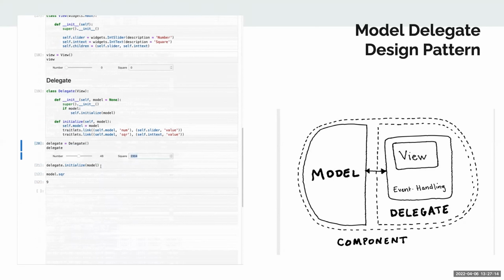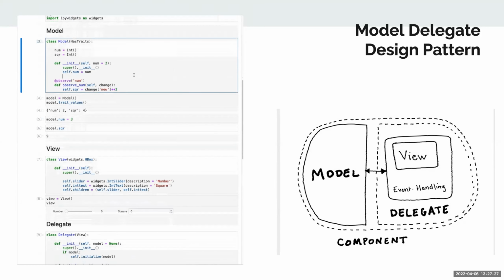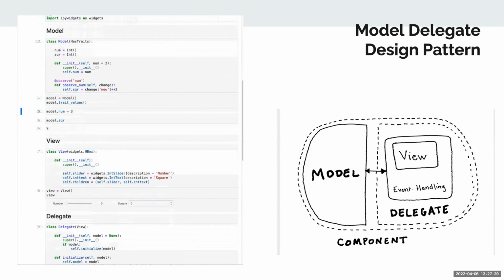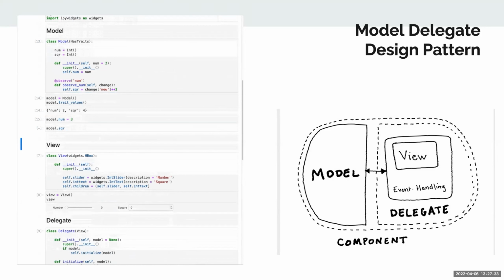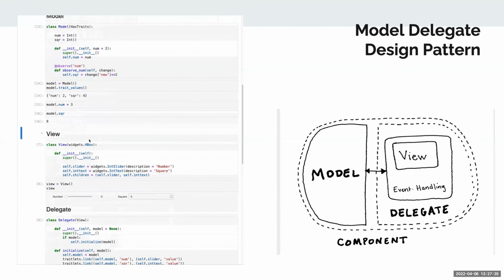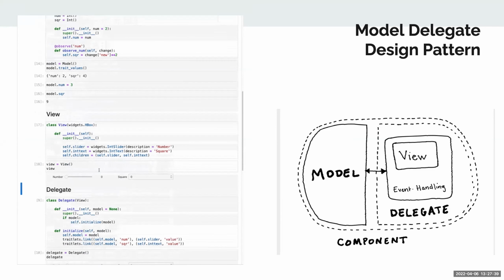So in this pattern, we have a model that's totally separate from a view, and we create a delegate that inherits the view to handle events and to communicate with the model. And the model is a part of the delegate.